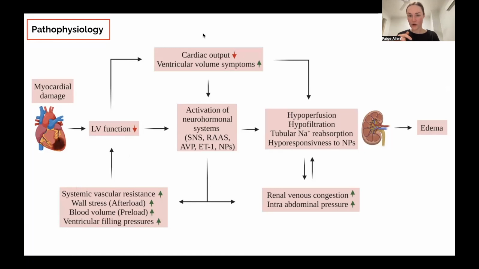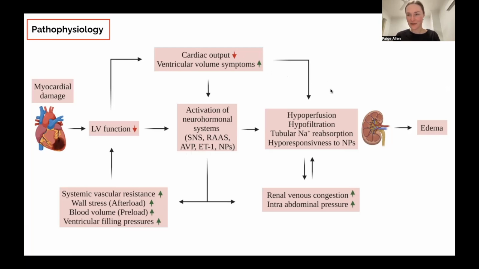From that, you're going to get worsened cardiac output. So you start to see your blood pressure decreasing. And because when your blood pressure decreases, your body panics, you're going to get activation of your SNS, the RAS system, your AVP, so that's the fluid retention as well. And then you're going to get some other things that I don't really want to worry about too much.